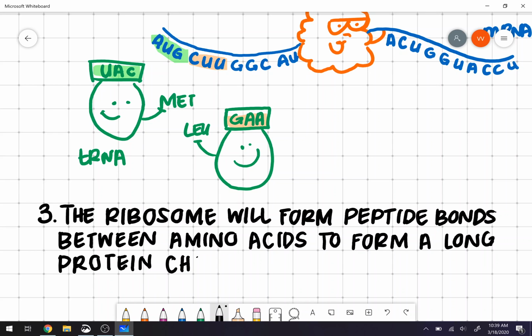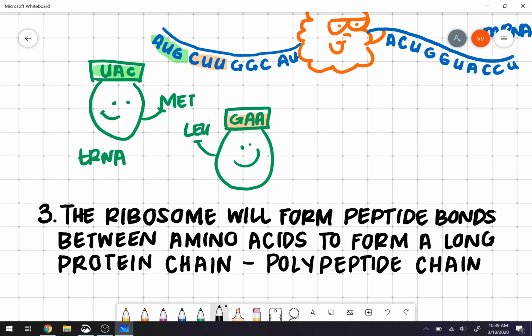We call this a polypeptide chain: poly for many, peptide for the bond. And that's what a protein is. A protein is going to be a very large polypeptide chain. Okay?